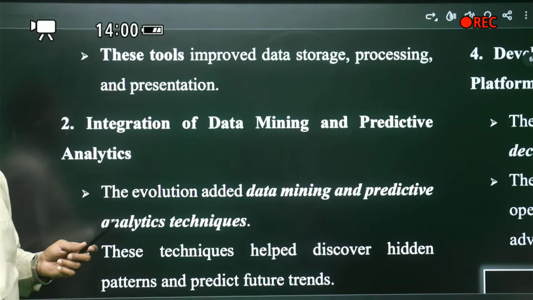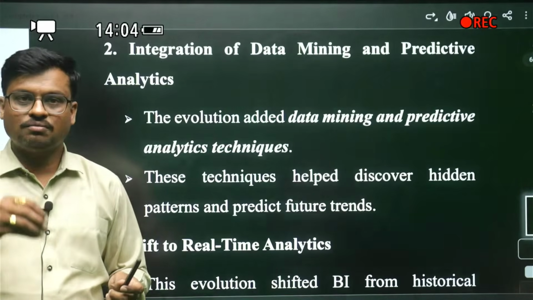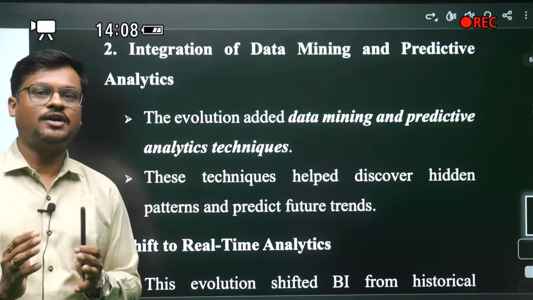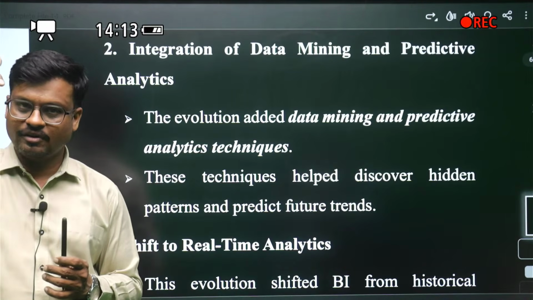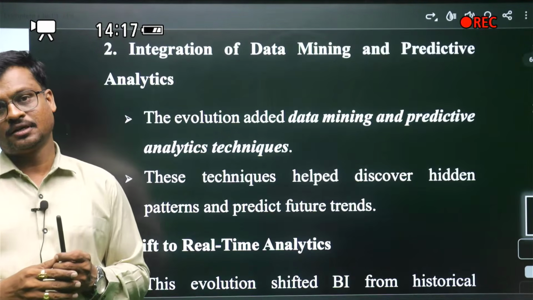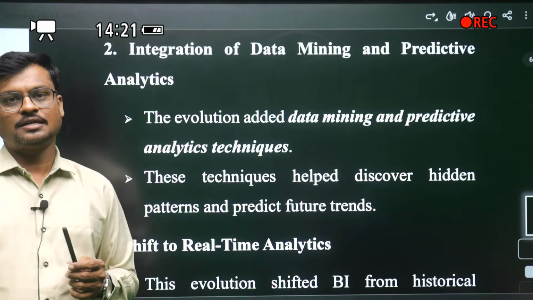Integration of data mining and predictive analytics. Data mining is a process of trying to mine previously unknown information from a huge amount of data. In the data warehouse, you will be storing a huge amount of data. Now we will mine it and extract the information from it. Usually people call data mining a misnomer. It is not the right term to be used.